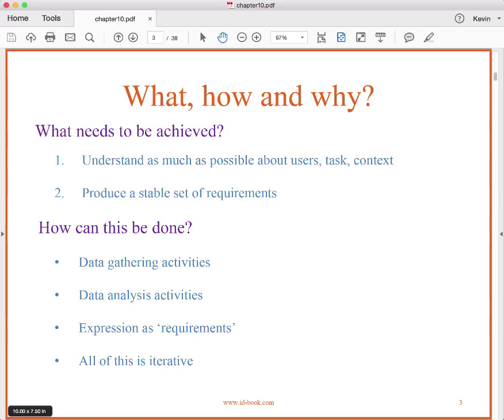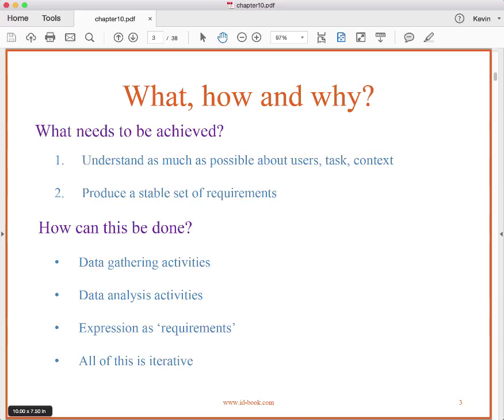So how can we do that? Well, again, we've got data gathering activities, data analysis activities with regard to the requirements. We need some way to express the requirements. So we're going to talk about how do people typically express requirements for information systems and interactive products. And we want to remind you that this is an iterative process.